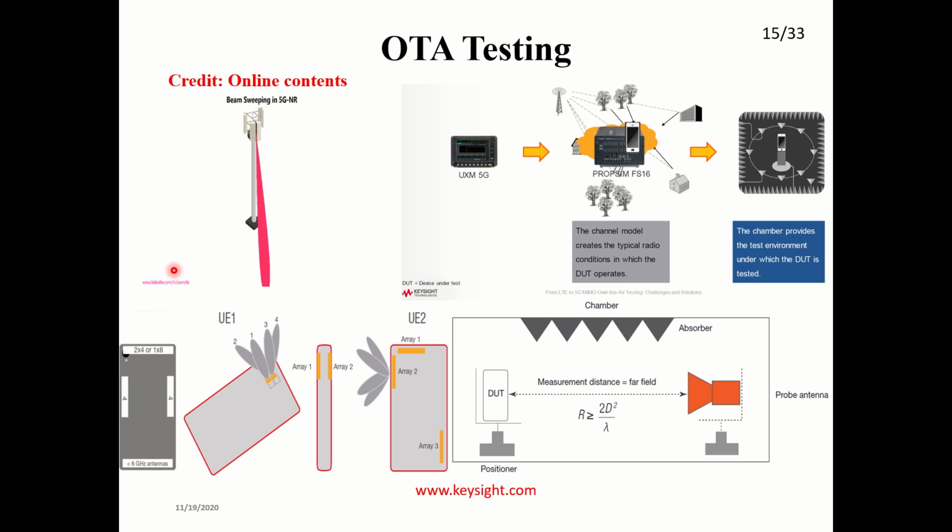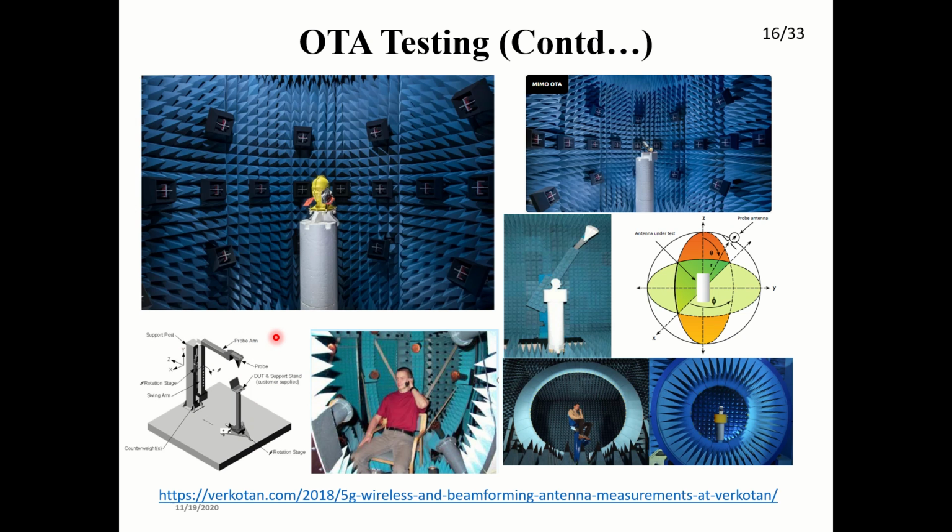For example, if you are activating the beam to be directed towards 15 degrees, beam number 4, but you are not getting any signal in that direction, it means you have some problem in the algorithm or device or components. If you are getting beam 3 instead, then you have to adjust, see what went wrong, and debug this issue. Ultimately, if you are activating the fourth beam, you have to get the fourth beam.